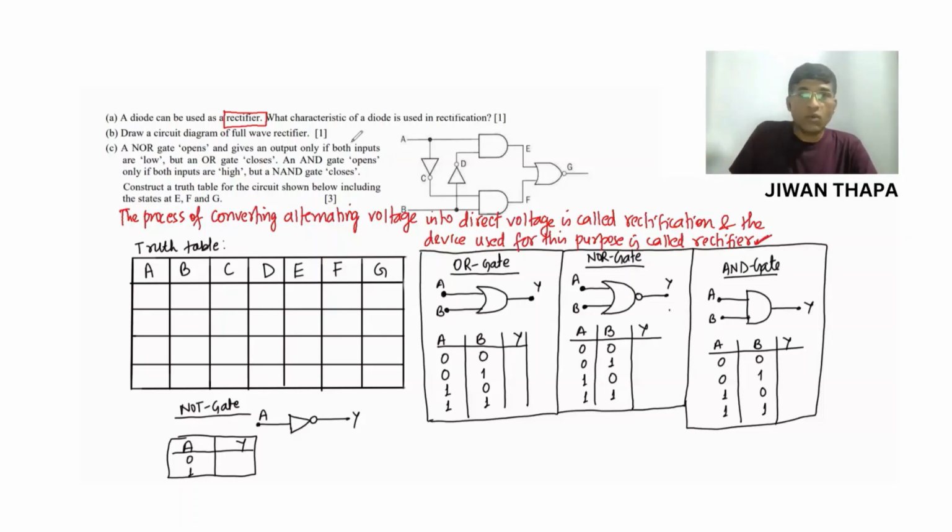Now, what characteristic of a diode is used in rectification? Let us consider a PN junction diode.